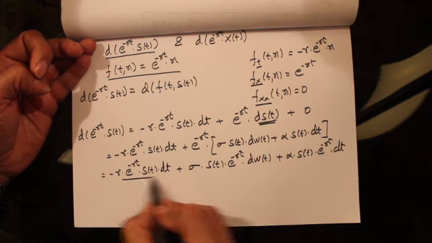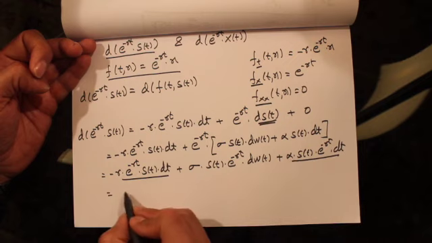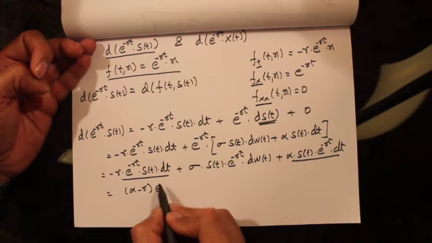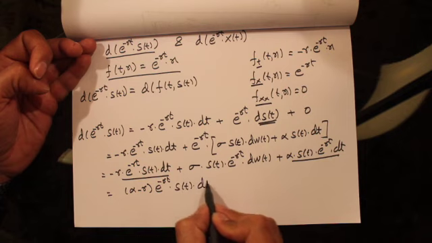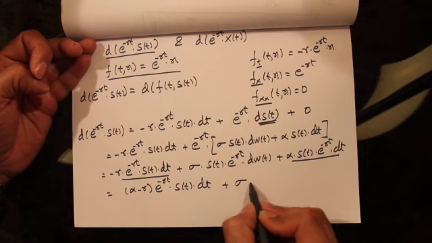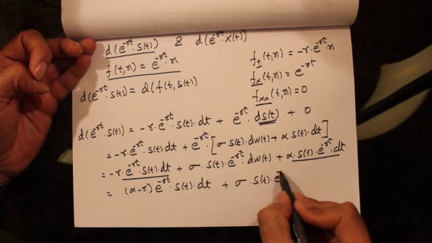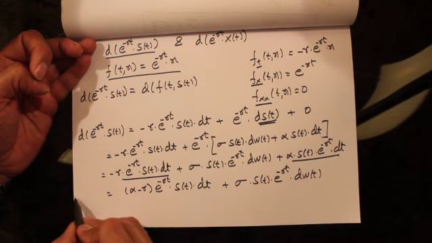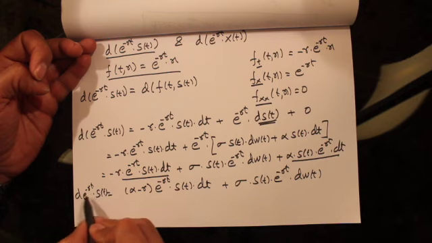Let's combine these dt terms. We have alpha here, so this can be written as (α − r)e^(−rt)S(t)dt + σe^(−rt)S(t)dW(t). Okay, this is d of e^(−rt)S(t).